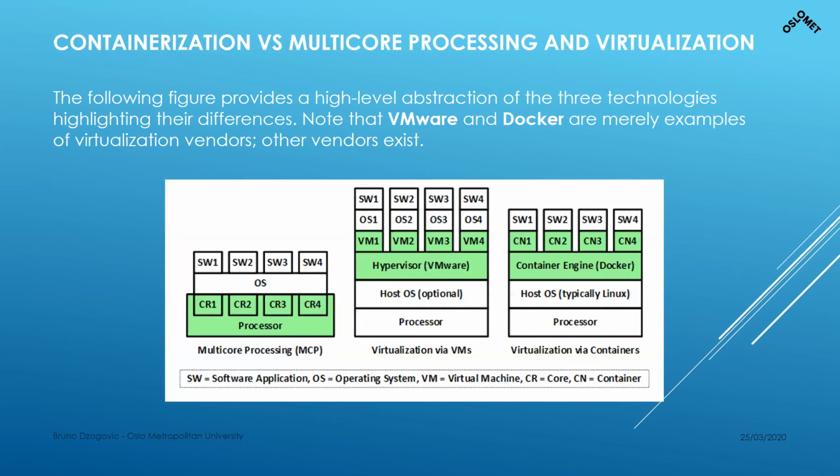So what's the difference in the virtualization plane between container virtualization and virtual machines? Of course, it's the hypervisor, as you can see. In virtualization via VMs, you have a hypervisor, let's say VMware, and VMware communicates directly with your CPU, and it has to have a host.